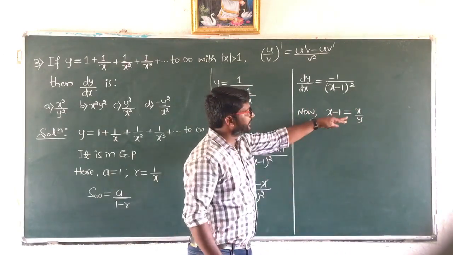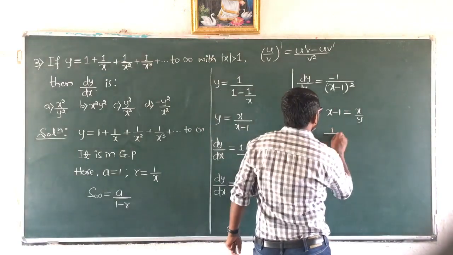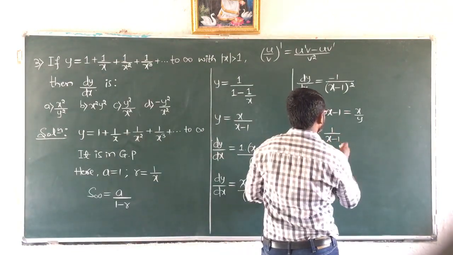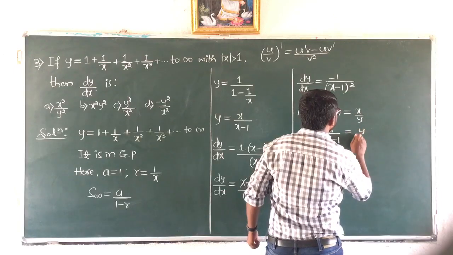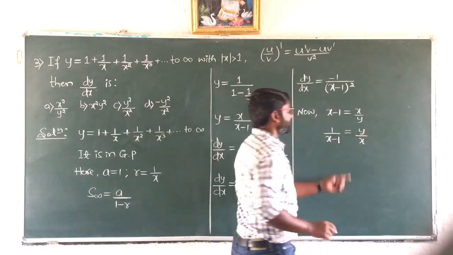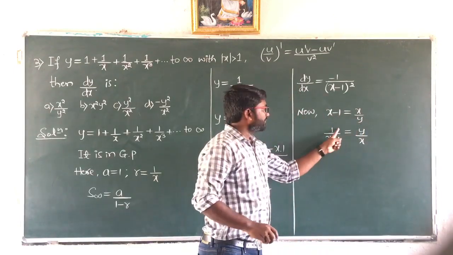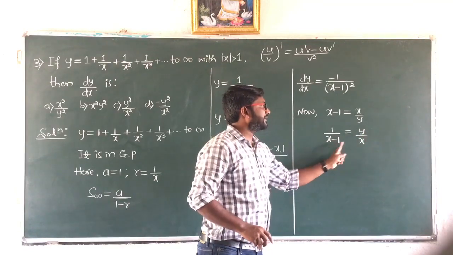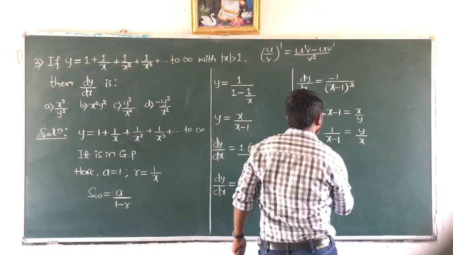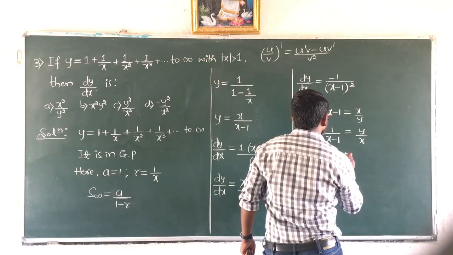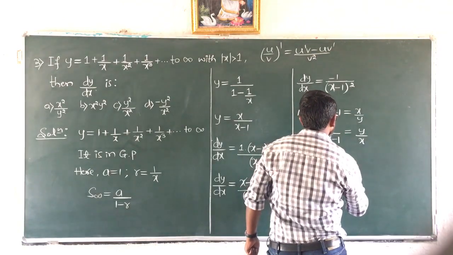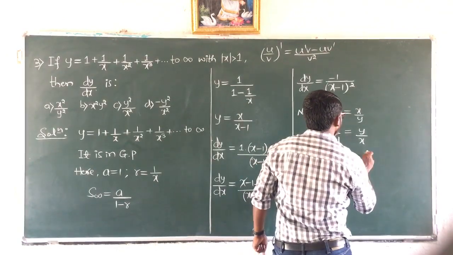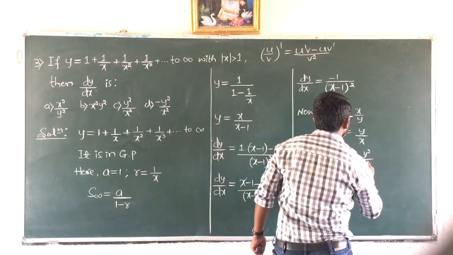So now take up the reciprocal. 1 by x minus 1 which is equal to y by x. So I have taken the reciprocal of this step. 1 by x minus 1 equal to y by x. Now square on both sides. So what do we get now? 1 by x minus 1 the whole square, which is equal to y square divided by x square.